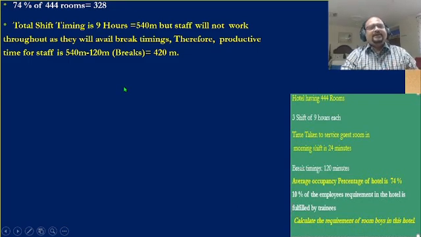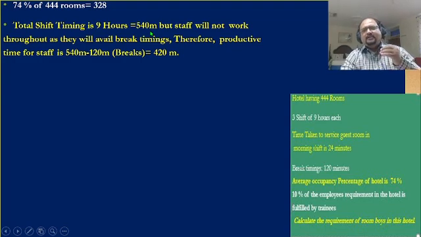Right. So as done earlier in the previous question, total shift timing is of 9 hours. That means the person is having 540 minutes. Now, why did we convert 9 hours into 540 minutes in all the previous productivity standard questions? Because it is easy for us, because here the break timing is given in minutes.